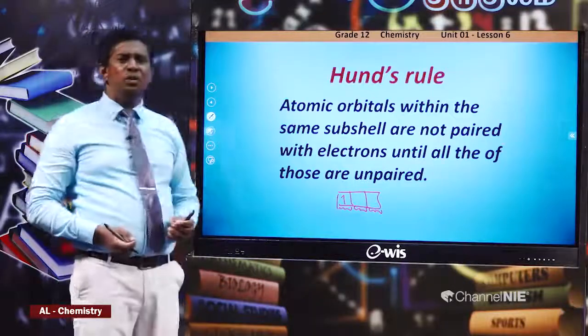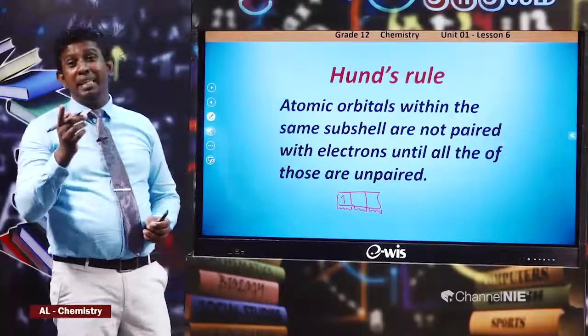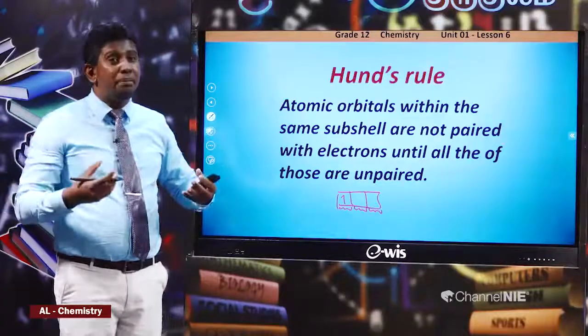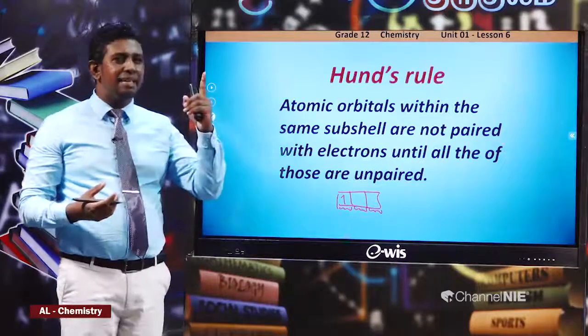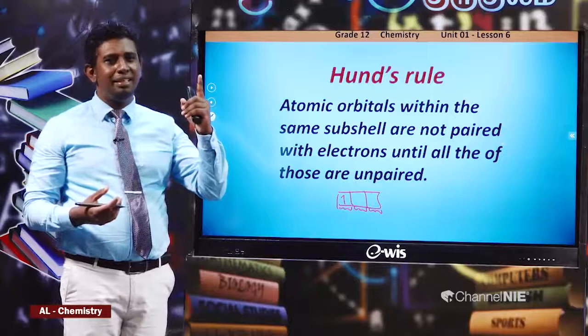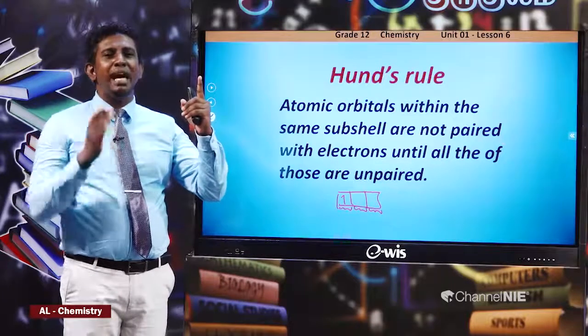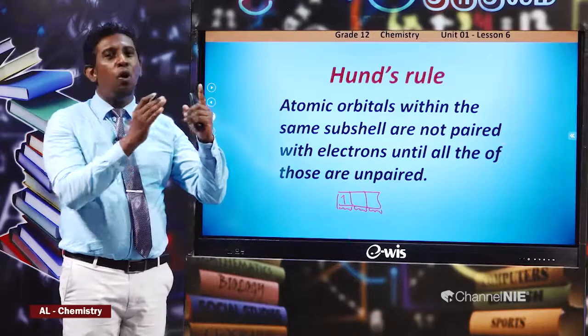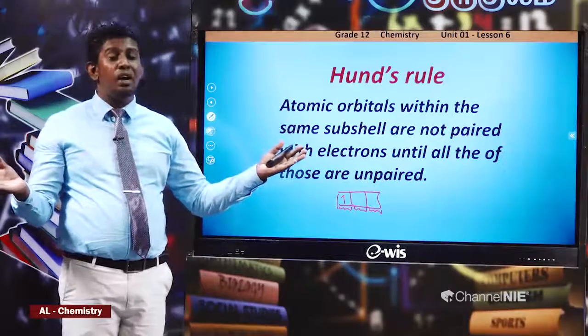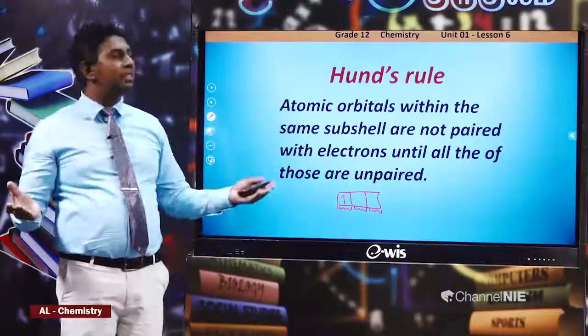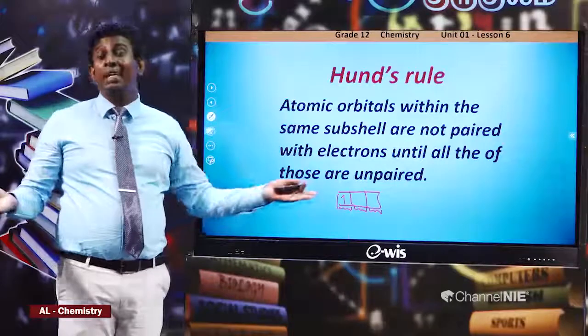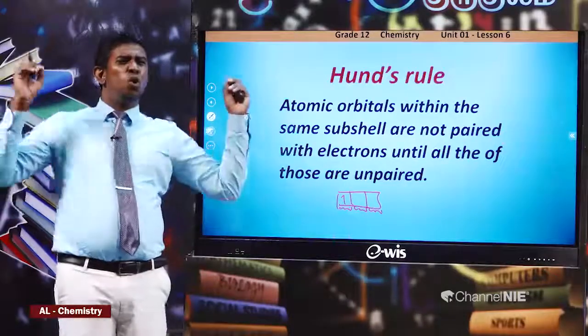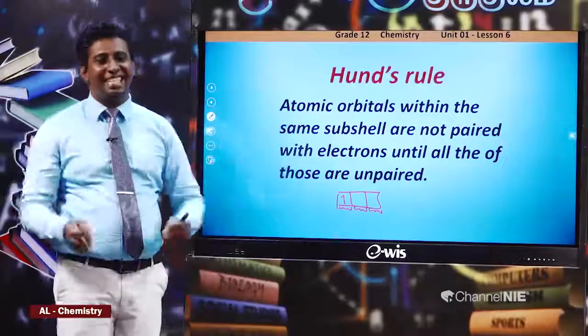If you have one atomic orbital within the p subshell filled singly, with one electron, then it would not become a couple till all the other atomic orbitals are filled with single electrons. That's what Hund's rule says.